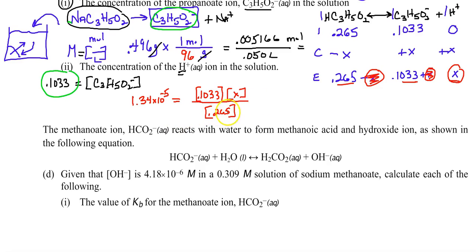Okay, and so when you do that, you get 1.34 times 10 to the negative 5. You're going to divide by 0.1033, right? Just algebra. And then, of course, I multiply by the 0.265. And that gives me my value of x. And when I do all of that, I get my concentration to be equal to 3.44 times 10 to the negative 5.